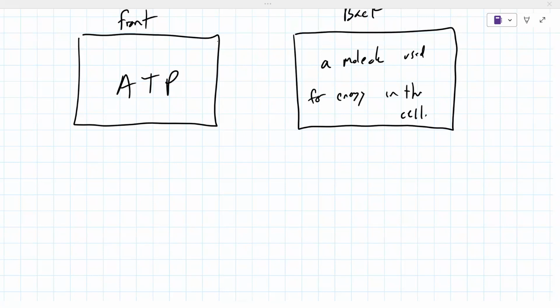You do? Okay. The test is just answering questions. We don't need to know what a cell looks like. Well, they could ask you a question about the structure of the cell.